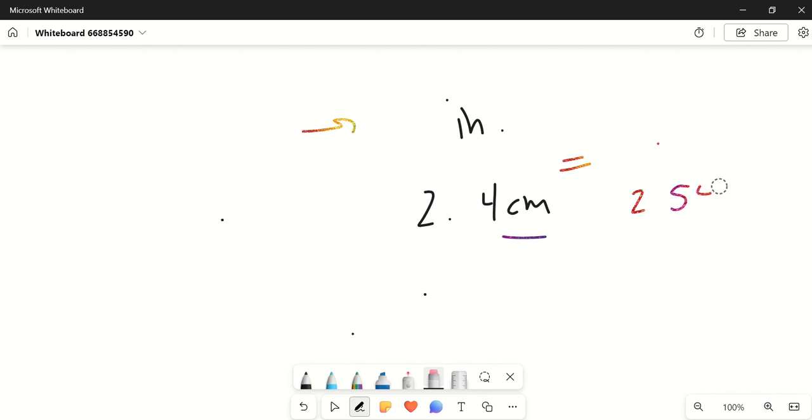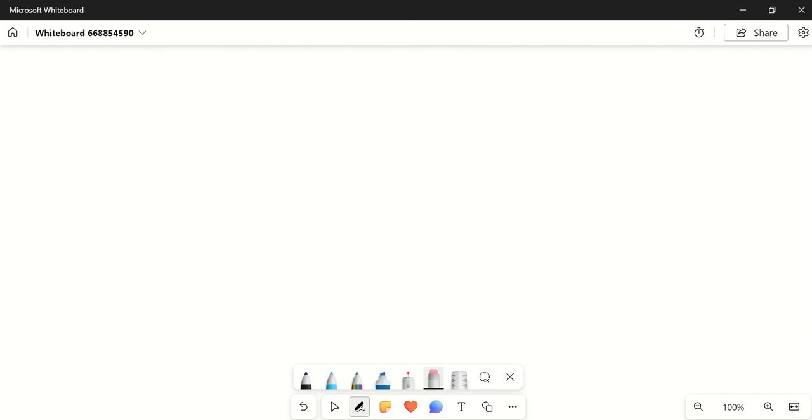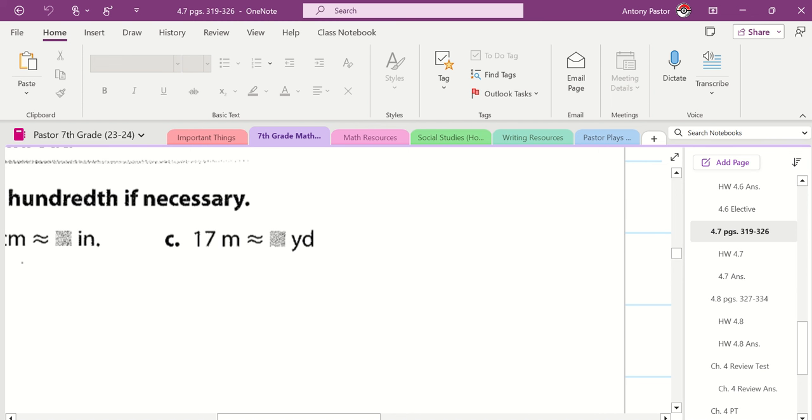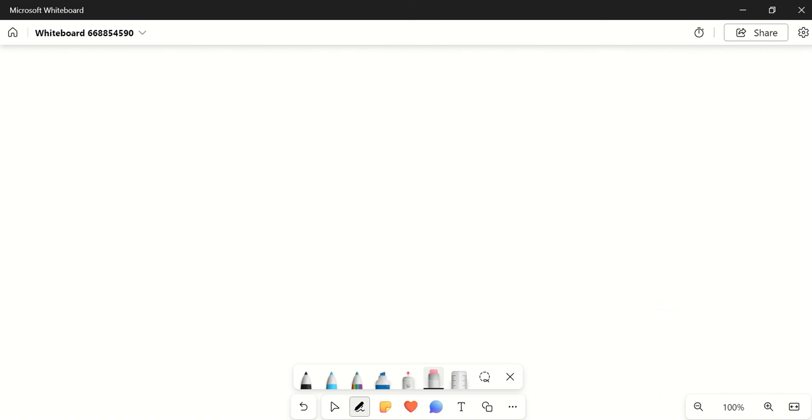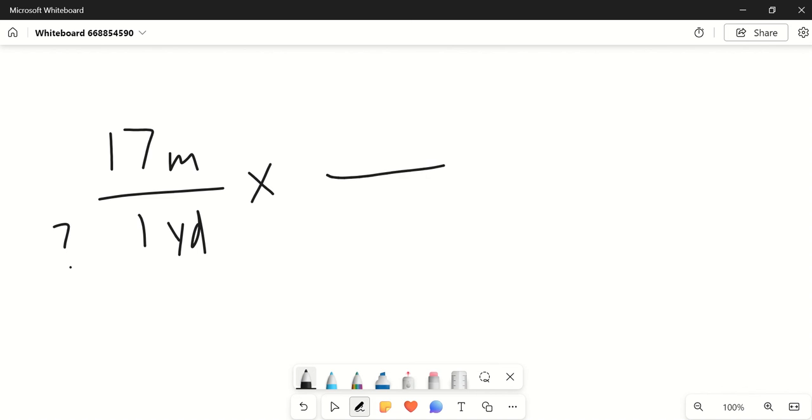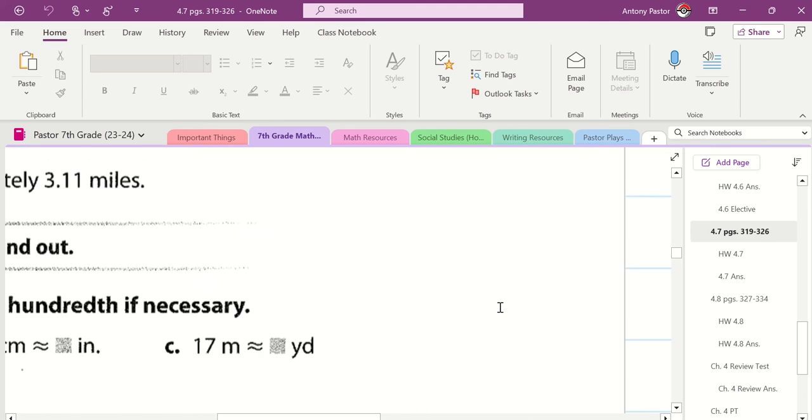And again, we're going to set up our question. So our question is asking how many yards is 17 meters? So we're going to put 17 meters over 1 yard. We don't know, again, it's the mystery number. And we're going to multiply it by whatever 1 yard actually equals in meters.